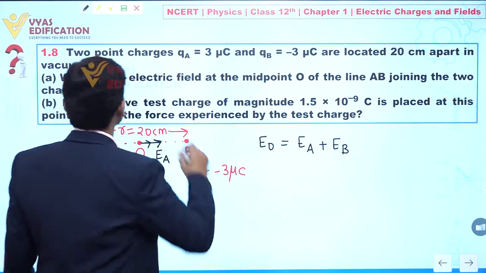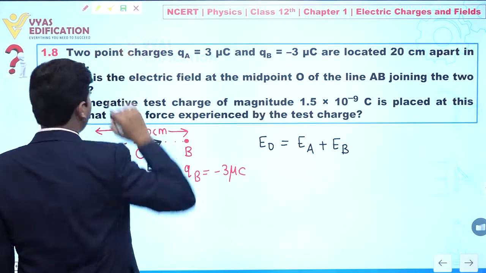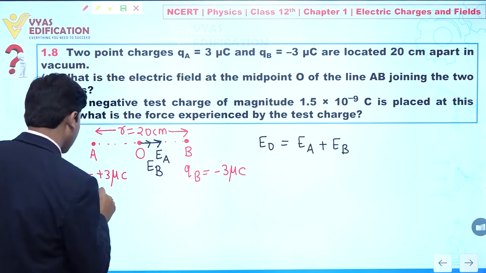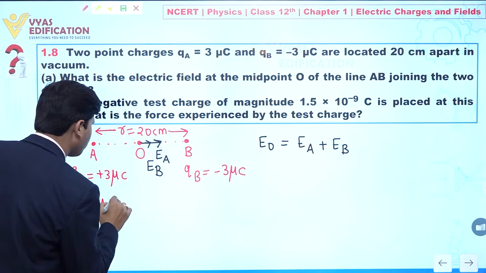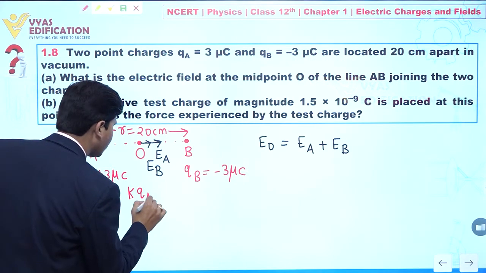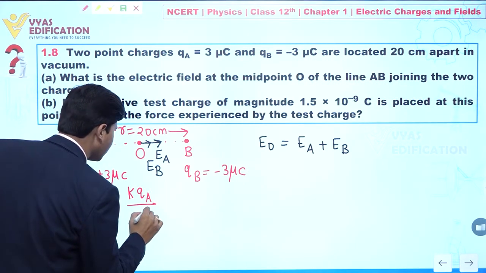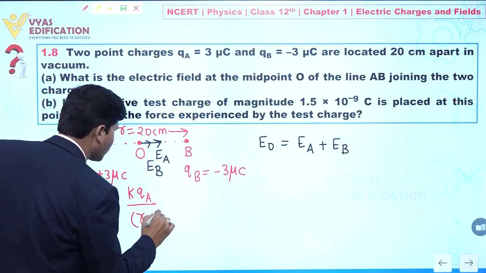Now we can calculate the value of EA. Due to a point charge we can write EA equals K QA over (r by 2) whole square.